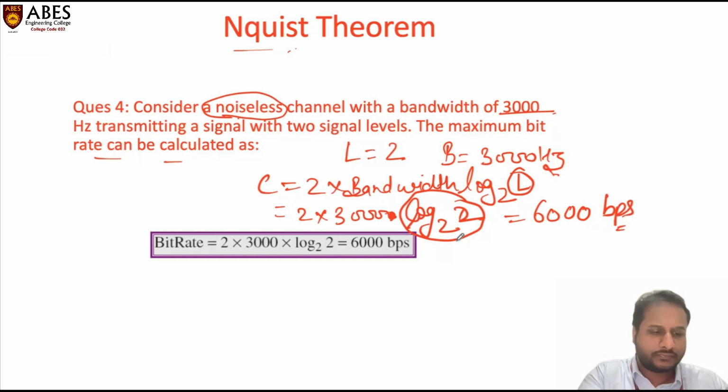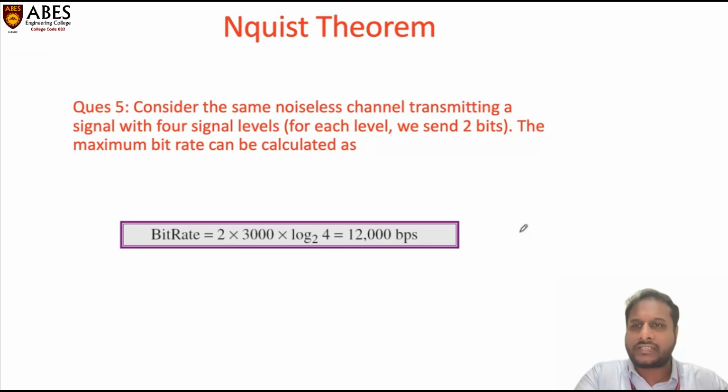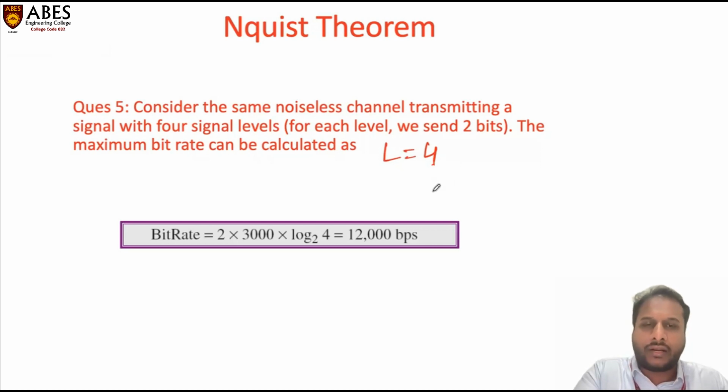That is the answer. So there is one more example. Consider the same noiseless channel transmitting a signal of 4 signal levels now. Now we are talking about level equals 4. So for each level we send 2 bits. The maximum bit rate can be calculated as, we are talking about the same noiseless channel, means the bandwidth was 3000 Hertz.